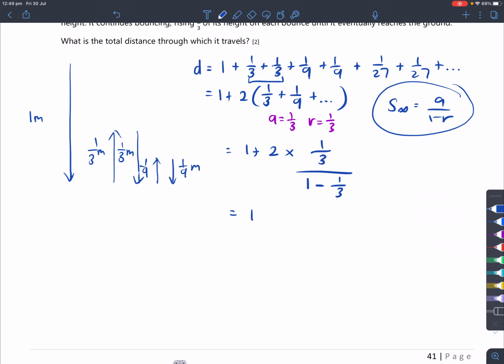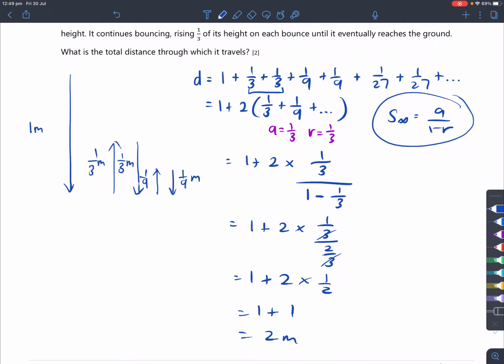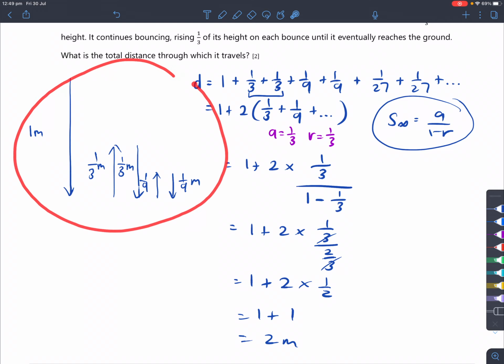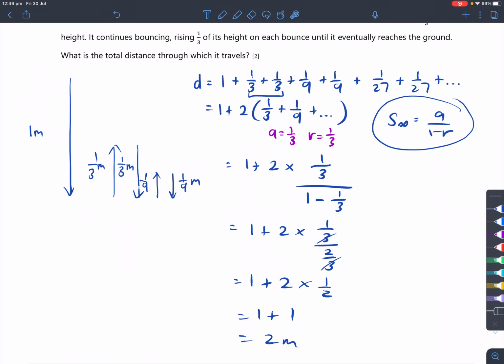And this will be 1 plus the same thing as 2 times 1/3 over 2/3. That will make the 3's cancel out, so you'll get 1 plus 2 times half, which is 1 plus 1, and that's 2 meters. Okay, so eventually by bouncing the ball up and down, if it keeps on going, this whole system will total to be 2 meters.